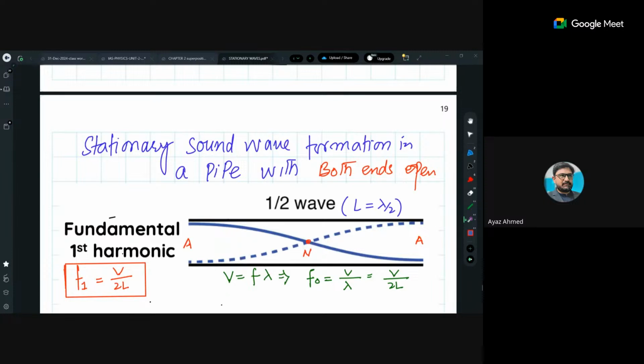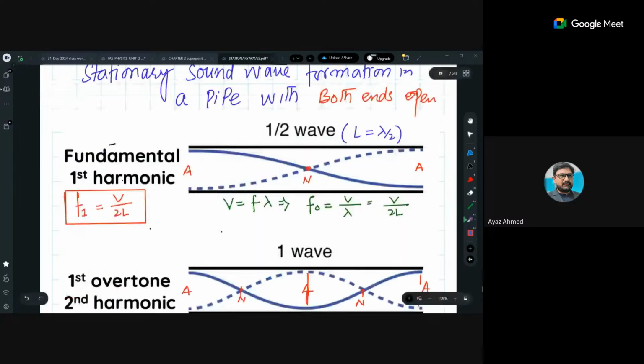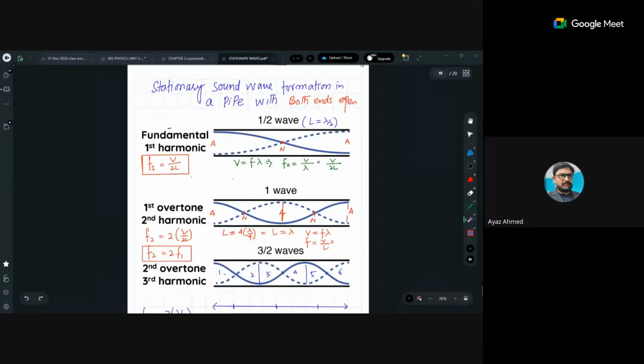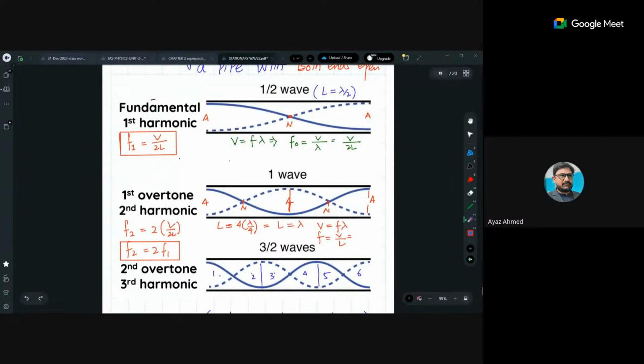Is this clear to all? Okay. Right after that, this is the diagram. I want to make this very clear to you. This is a quarter lambda, sorry, half lambda.